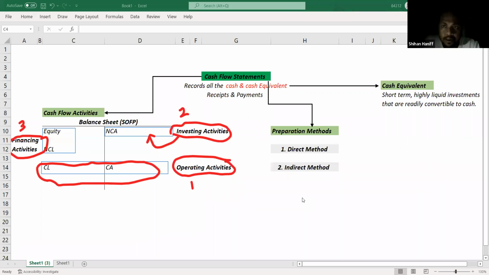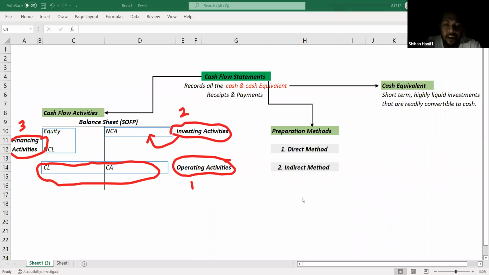Why do you get interest income? From which item you get the interest? When you deposit in a bank, let's say you have a fixed deposit in a bank, for the fixed deposit you get an interest. So that interest income is related to your non-current asset. So that is not a finance activity, that is an investment activity. Do you understand the difference?